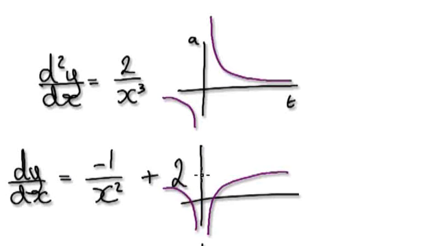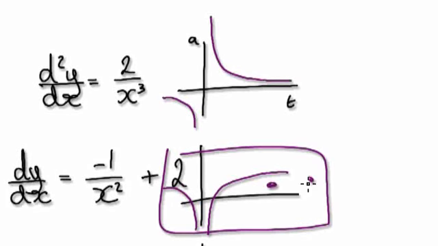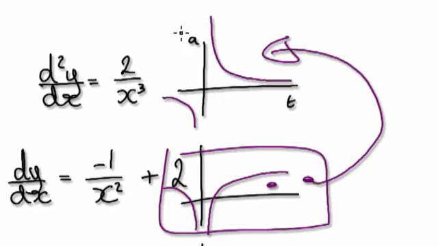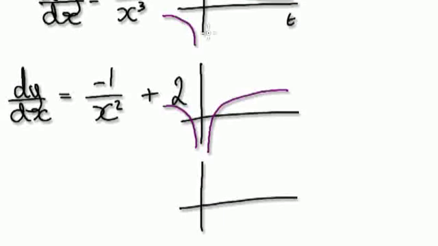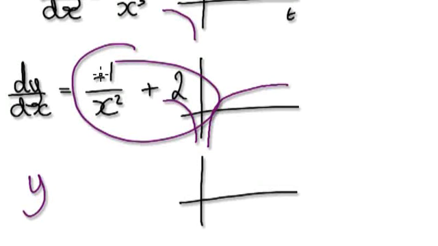If you think about it, when given this here, if you differentiate it, it will give you this thing here. Anyway, we now need to find out y. So we need to integrate it once more. Looking at this, to get y we need to find the indefinite integral of this.